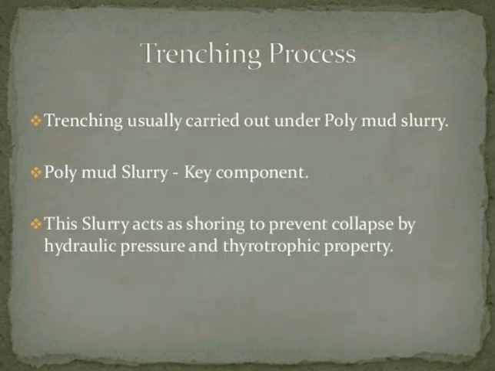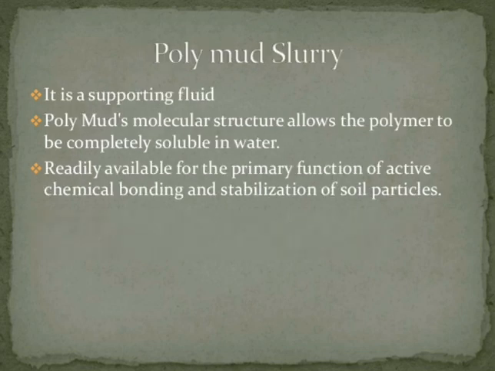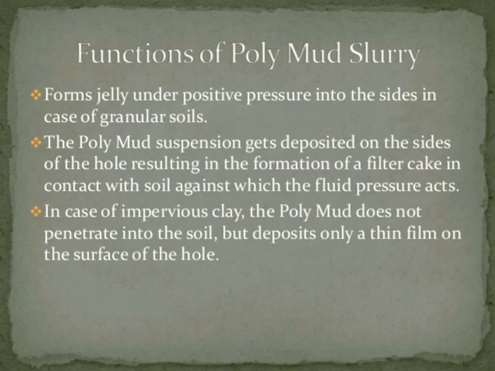Now the trenching process. Trenching is usually carried out under polymer slurry. Polymer slurry is the key component. This slurry acts as support to prevent collapse by hydraulic pressure and thixotropic property. Polymer's molecular structure allows the polymer to be completely soluble in water, readily available for the primary function of active chemical bonding and stabilization of soil particles.